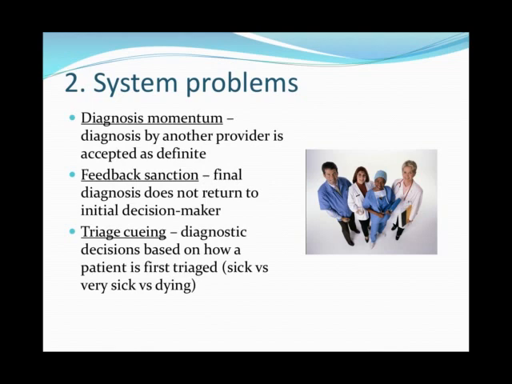So this person didn't really seem very sick when he first came in, so the nurse triages him and says, okay, we're going to put him in the not very sick category. And so when a doctor comes and sees the patient, maybe he's less likely to give him a diagnosis of a serious problem because he was already thinking that this patient was not a very sick patient.